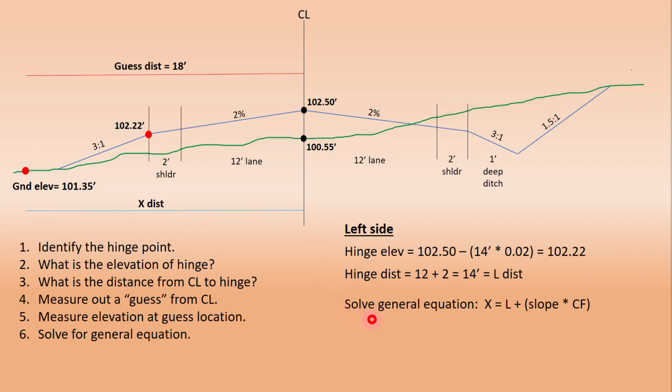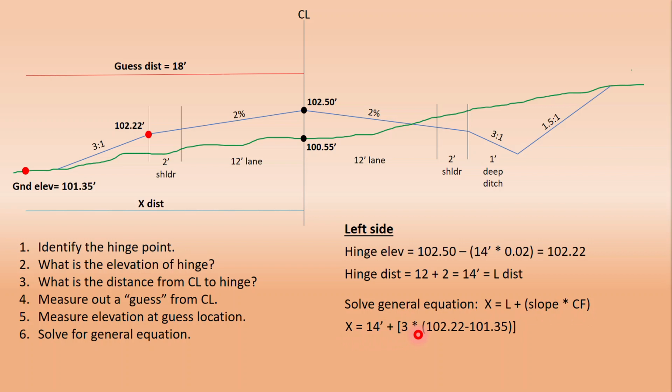And remember, the general equation is x equals L plus slope times your cut fill. Well, if we add our known variables into that now, x equals L distance, which is 14 feet, plus, we're at a 3-to-1 slope, so our slope value is 3, and we're going to multiply that by the cut fill dimension.